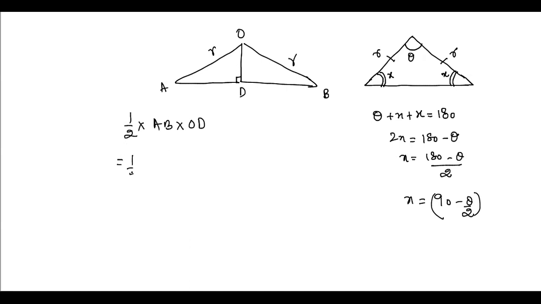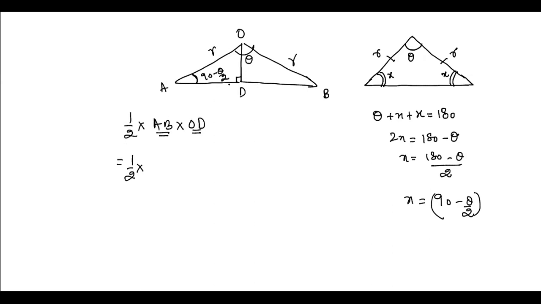So we can write here half into AB into OD would be the area of this triangle. We don't know the value of AB, so we are going to calculate it. Let's first calculate the value of OD in terms of R.